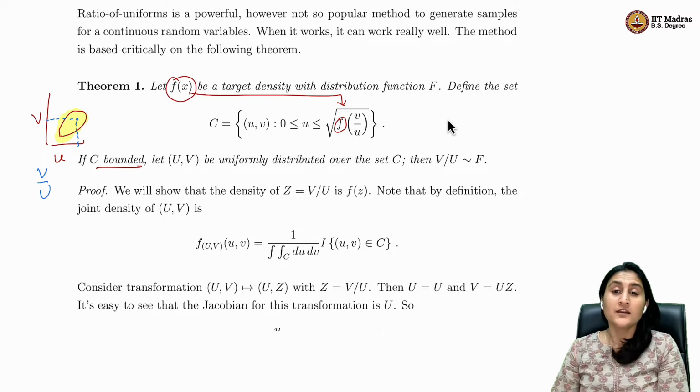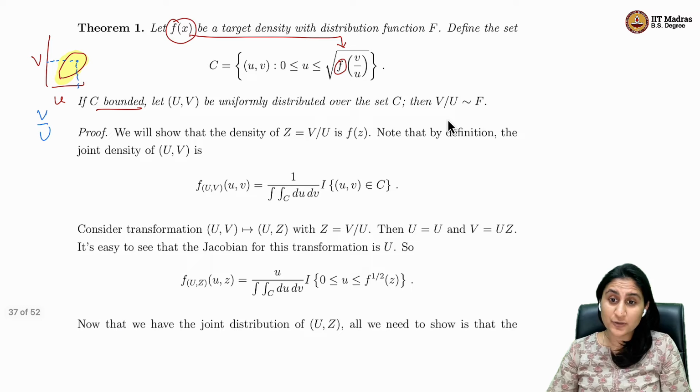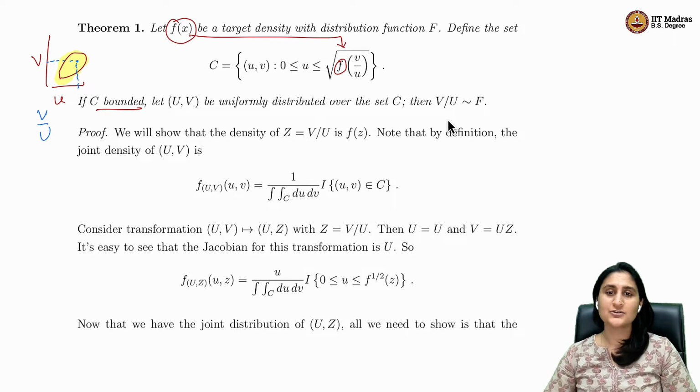Now we are actually going to show this result. This is our goal, so we're going to prove this result. And the way to prove this result is again by a transformation method.